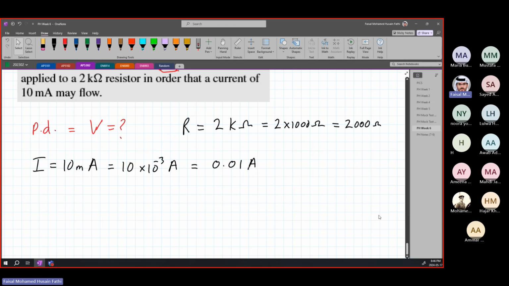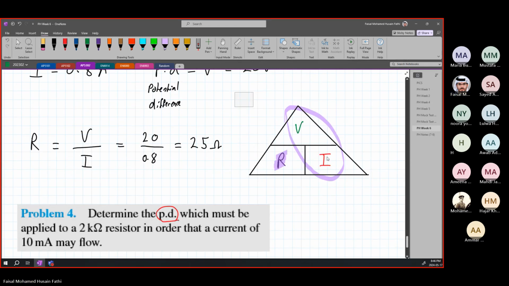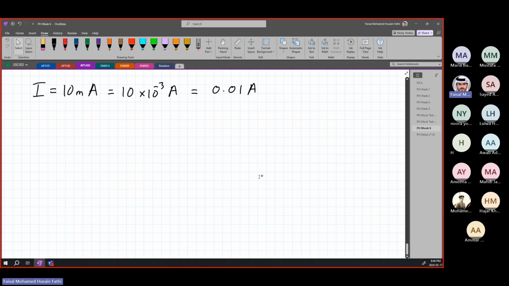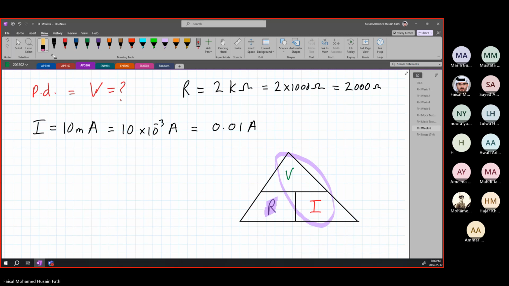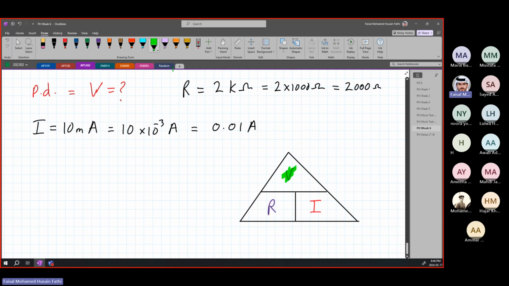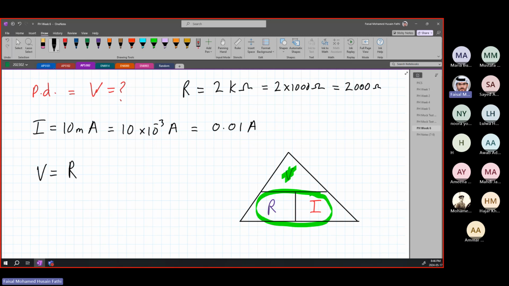Now we have the resistance and the current in the correct units. If we want to apply the same triangle again, what are we trying to find now? We are trying to find voltage. So voltage is up here. This is voltage. So we are going to be using these two like this, so they're going to be multiplied. So V is equal to I times R, which is 2000 times 0.01.